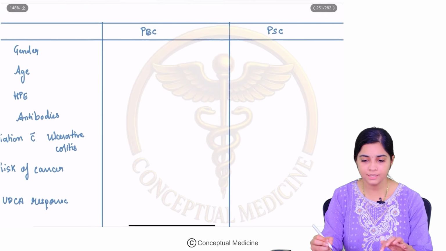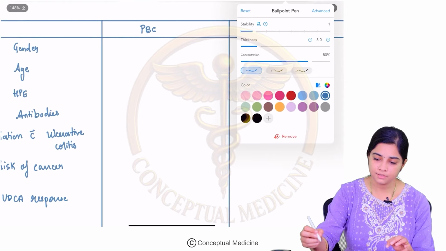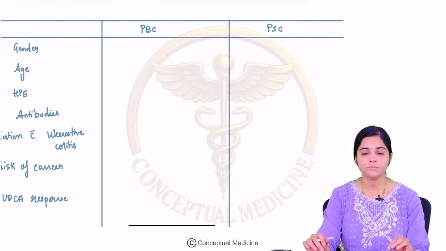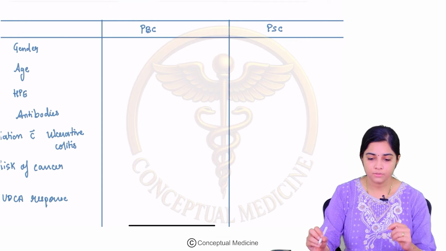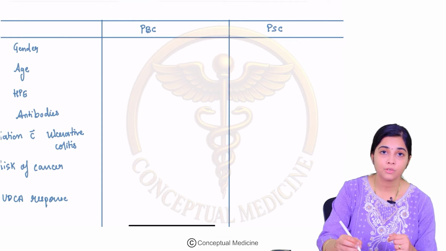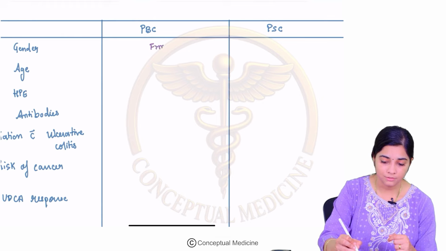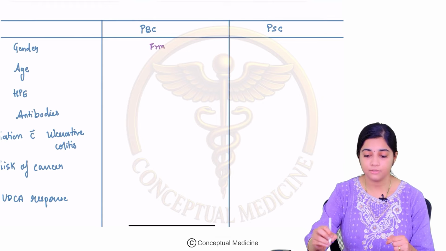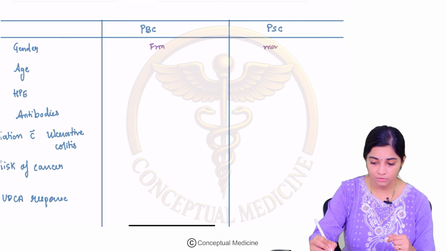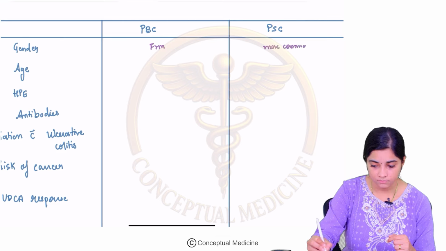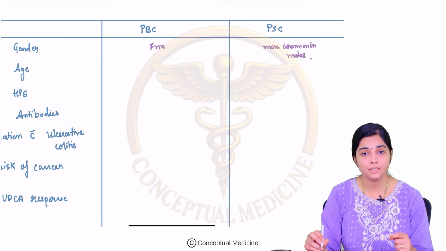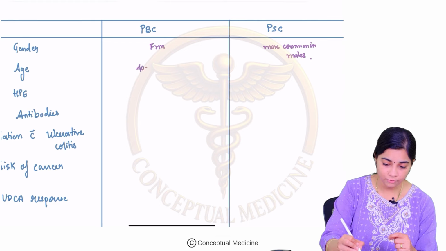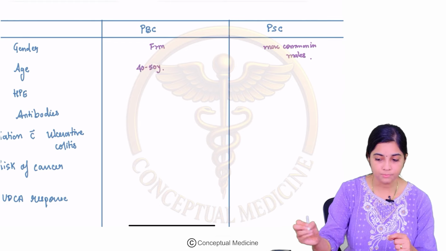Now, let us understand the differences between your PBC and your PSC. Okay, so this is just like a revision. Primary biliary cirrhosis is more common in females, but primary sclerosing cholangitis is more common in males. What is the age group in which PBC is more common? This is around the 40 to 50 years age group, right?